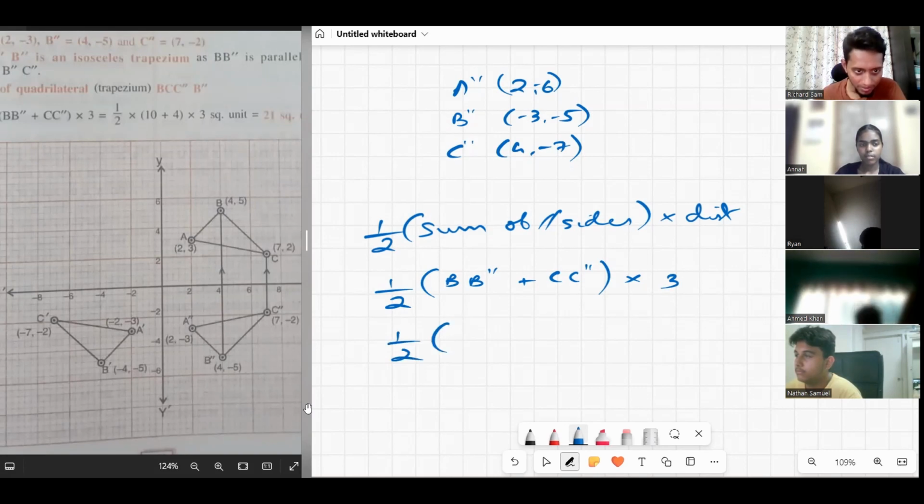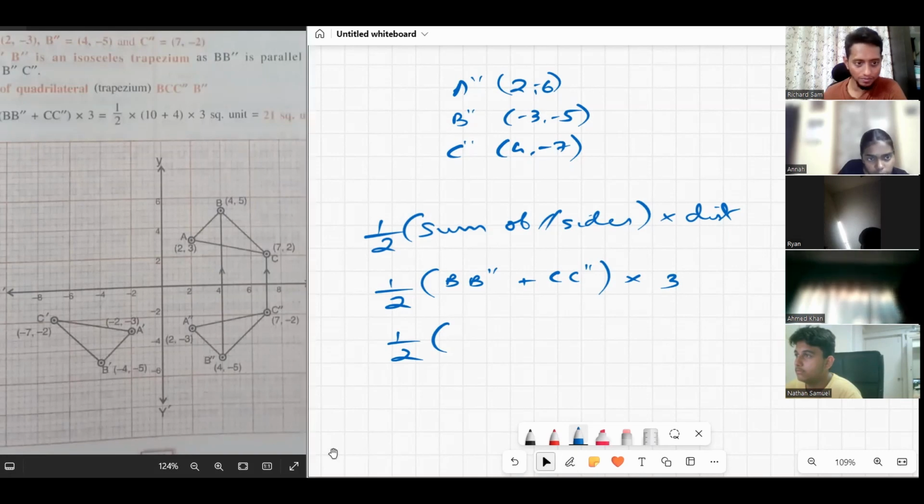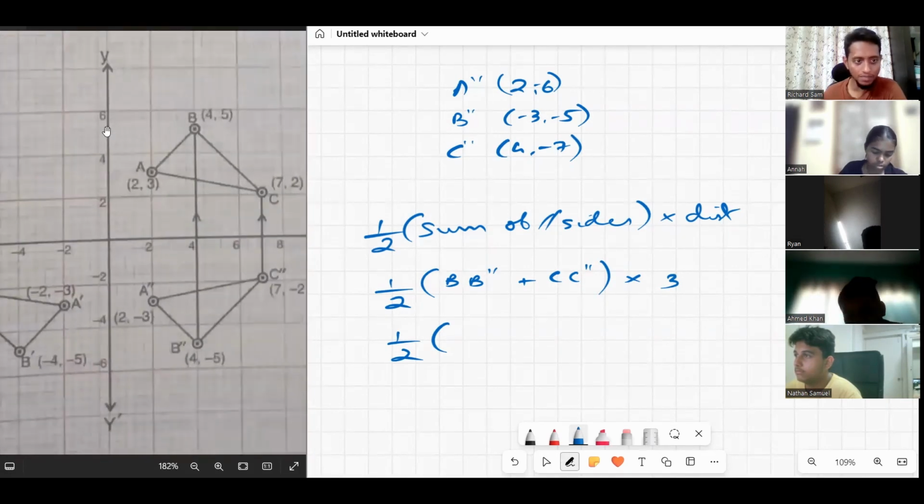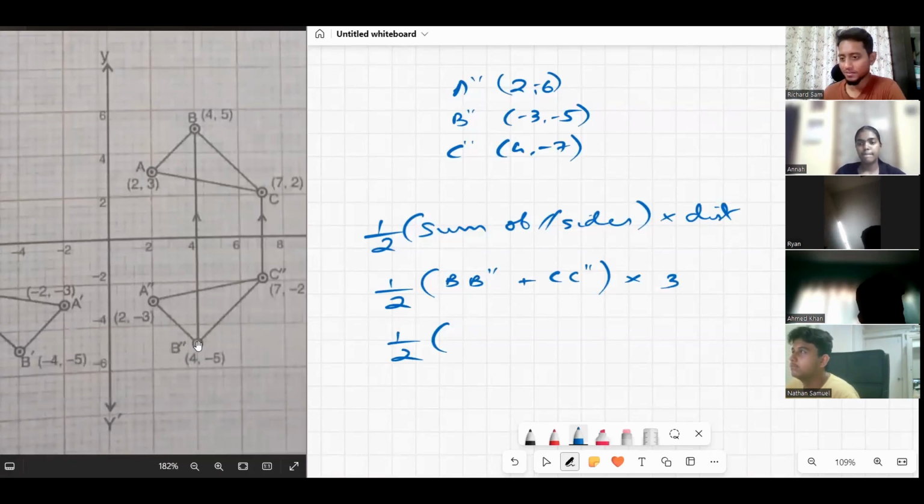B is at which number? B is at 5 and B double dash is at minus 5. So what's the distance from 5 to minus 5? 10. 5 on the positive and 5 on the negative.